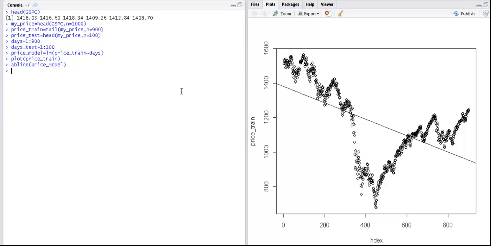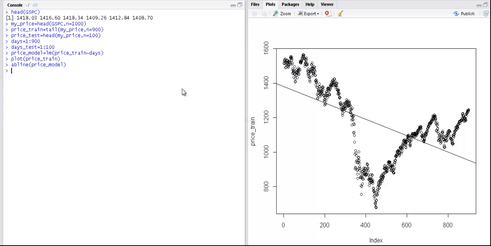Next, I can look at what happens if I extend that line over the training time period. So, day 1 to 900, I use to fit the model, and you can see the line does seem to get the broad trend. And now I'm going to look at what happens next.